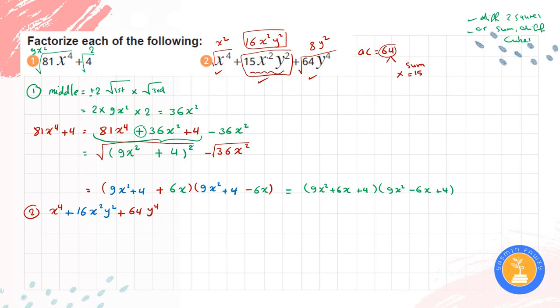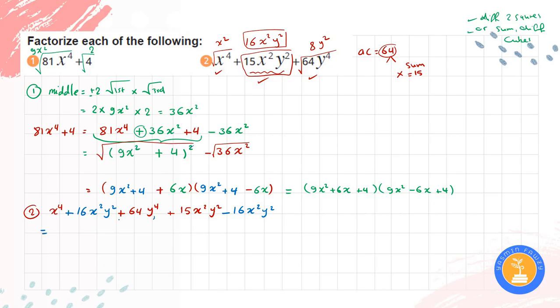So what do we do with this one? I have to keep it, right? It's a part of our trinomial, so I have to keep it again: 15x squared y squared. And wherever we add, we have to subtract. So we subtract 16x to the power 2 y to the power 2.